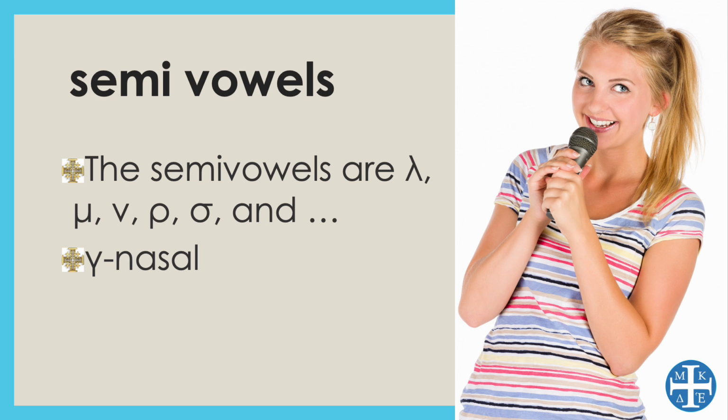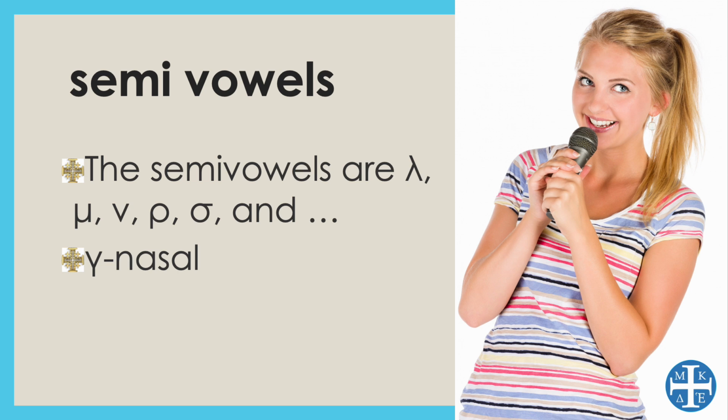Now, semivowels in Greek fall in between the two. This sort of thing is particularly interesting if you go on to study ancient languages, but for now we're just talking about this to help you understand how the letters were said and what groups they fall into.